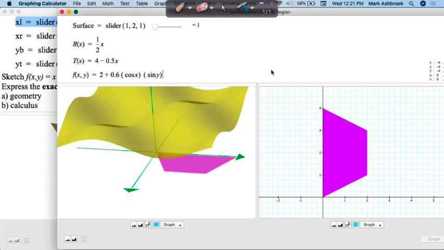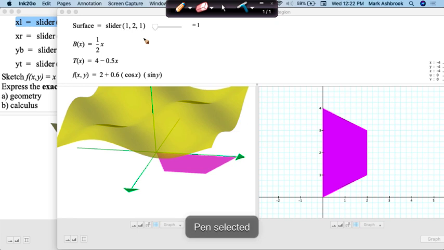The gold surface is f of x, y, 2 plus 0.6 cosine x sine y. And the region is defined by functions b, t, the y-axis, x equals 0, and x equals 2.